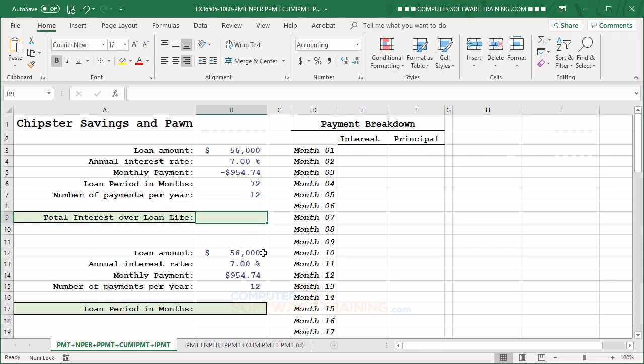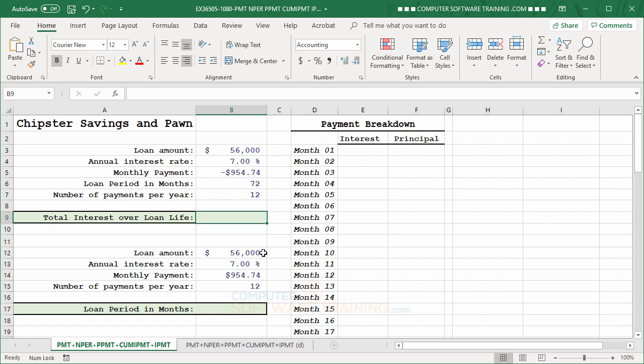Now, what a lot of people don't realize when they take out a loan and they get done paying for it, or even when they just take it out, is how much actual interest they are paying. I mean, they know they're paying 7%, but they don't really know offhand, or they don't pay attention to it at least, as to how much interest that is.